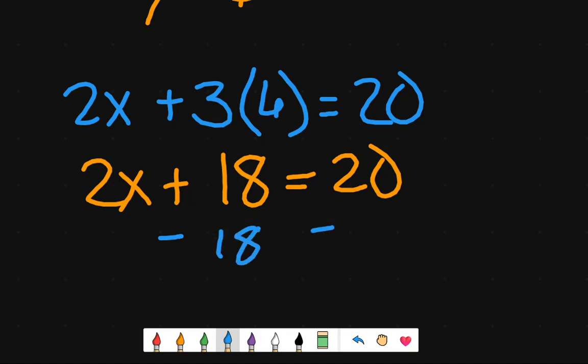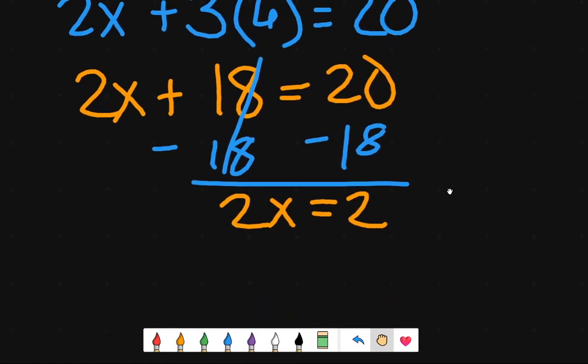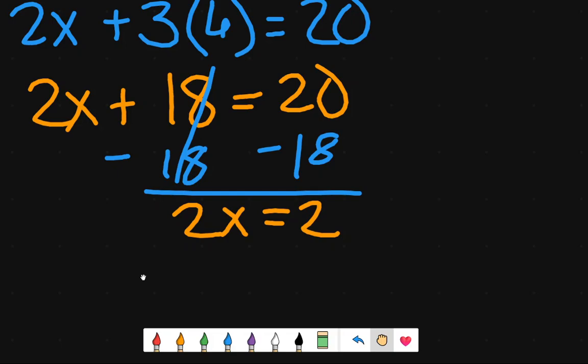We subtract 18 from both sides. And now we're left with 2x is equal to 20 minus 18, which is 2. We divide both sides by 2. And now we have what x is equal to. x is equal to 2 divided by 2, which is 1.